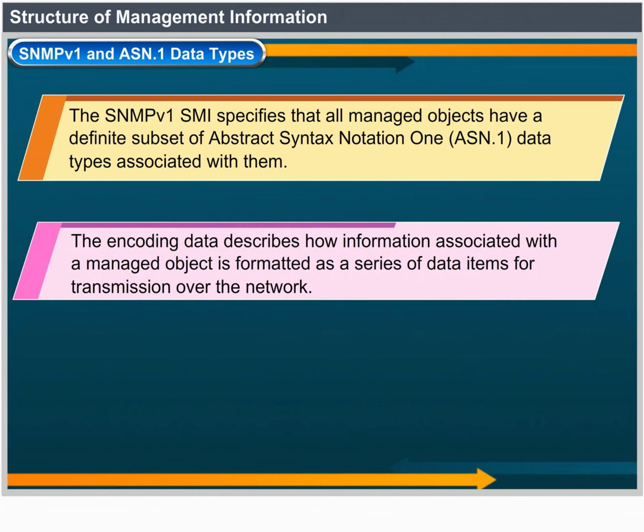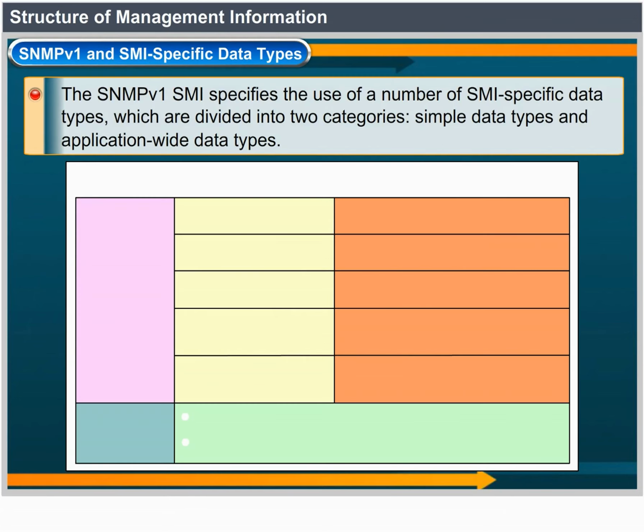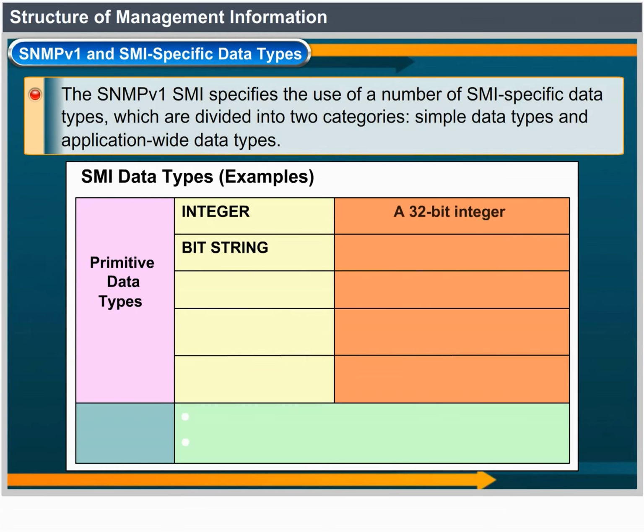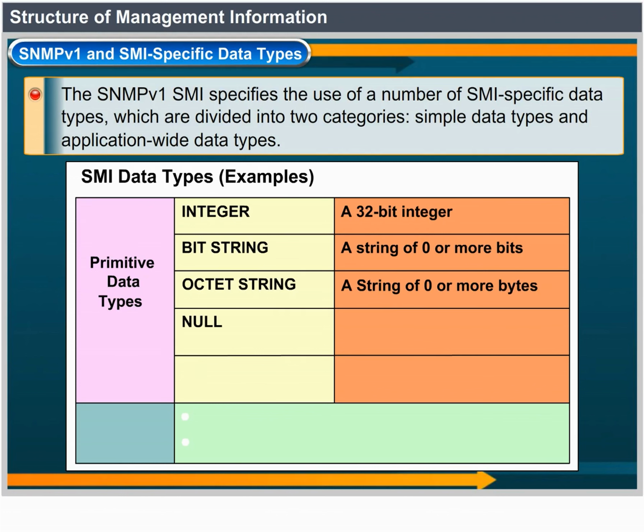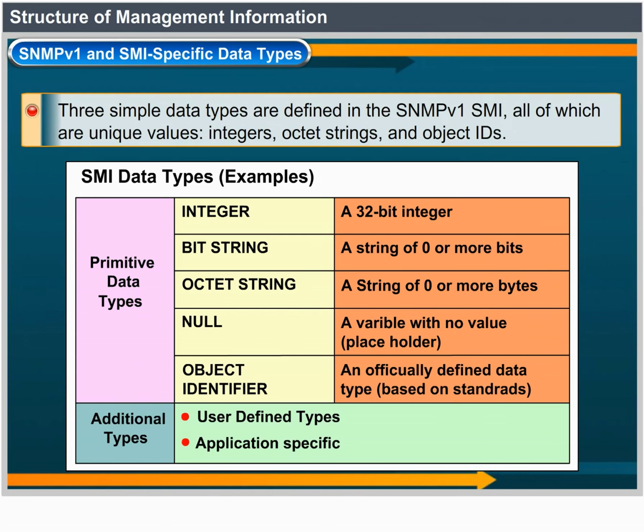SNMP v1 and SMI specific data types. The SNMP v1 SMI specifies the use of a number of SMI specific data types, which are divided into two categories: simple data types and application-wide data types. Three simple data types are defined in the SNMP v1 SMI, all of which are unique values: integers, octet strings, and object IDs.